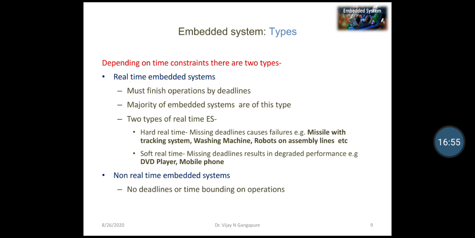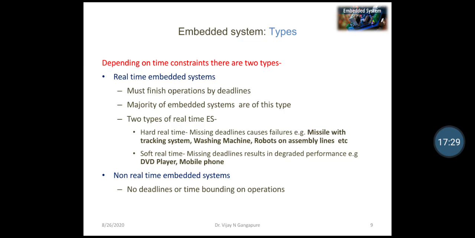Examples of these hard real-time embedded systems are a missile with a tracking system, in which if the deadline is not achieved by the embedded system, then there might be failure, meaning the target of the missile may get missed. Also in a washing machine, if the time derived by the embedded system is 55 minutes and it is not reached, that means it is a failure.